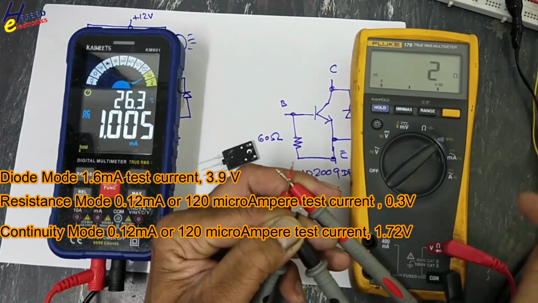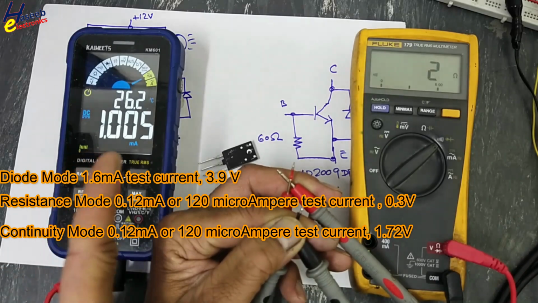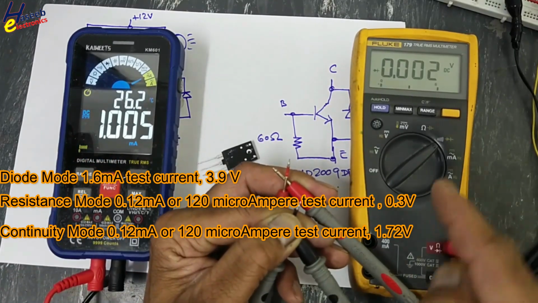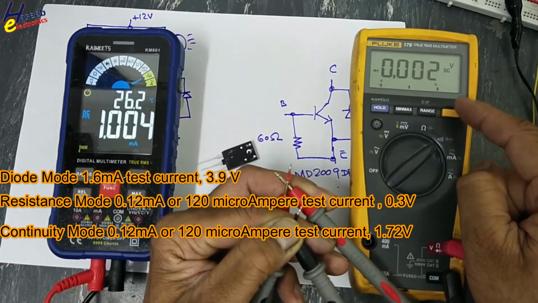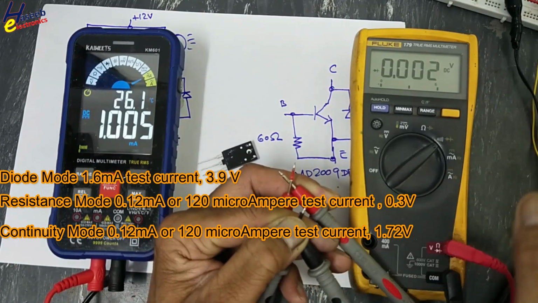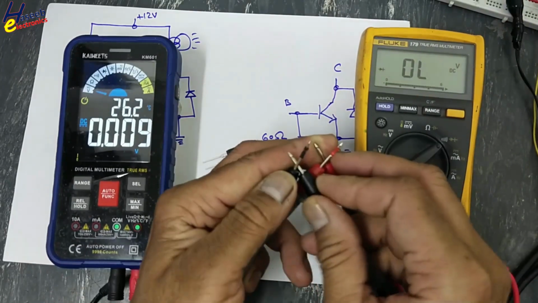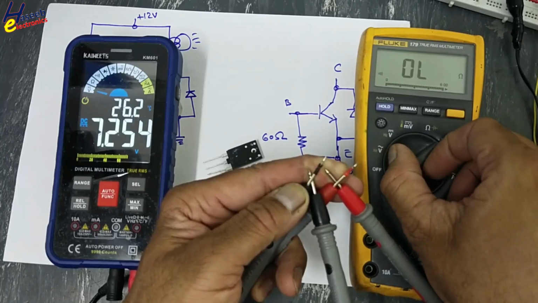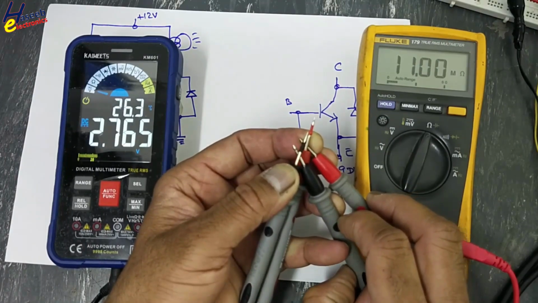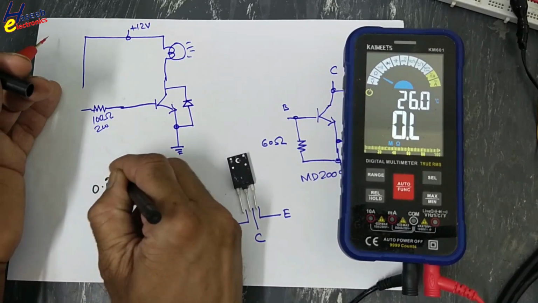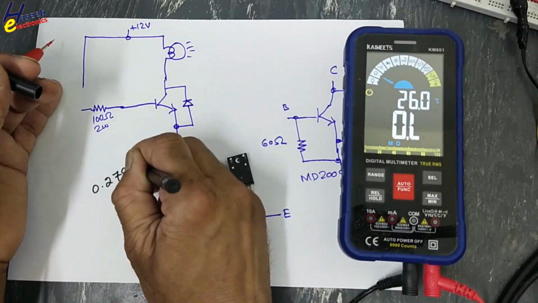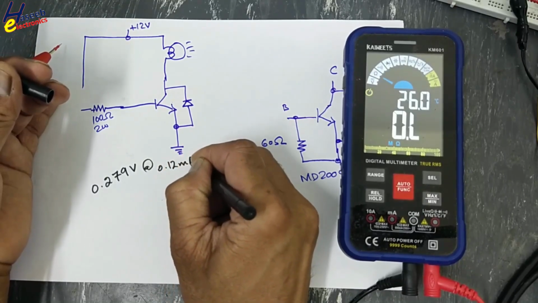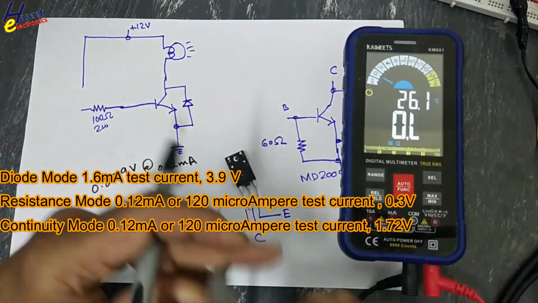In continuity, 1 milliampere current, but the voltage is 7 volts. In diode mode, the same, 1 milliampere, 7.2 volt. Continuity 7 volt, for resistance 2.79 volt, 0.279 volt at 0.12 milliampere.